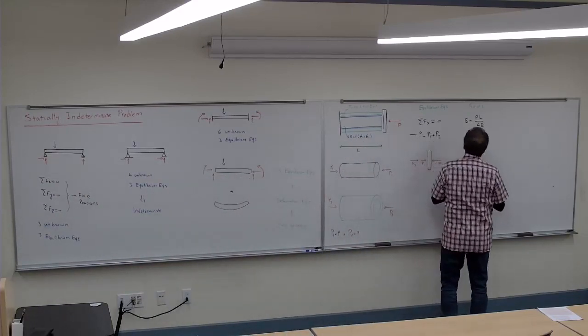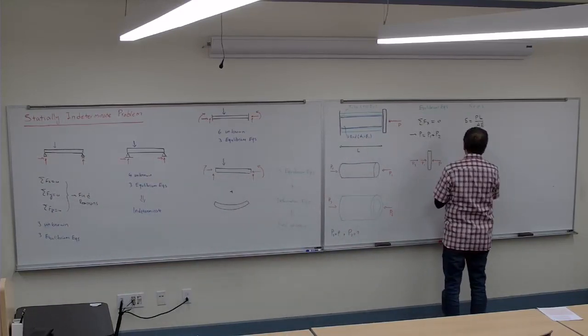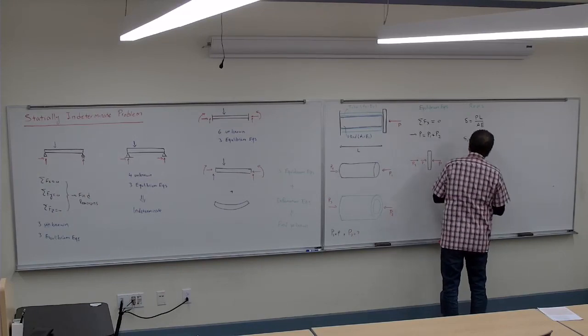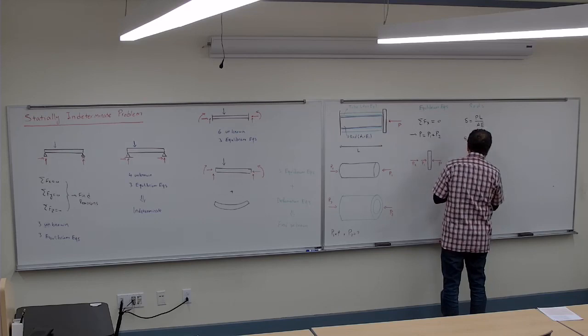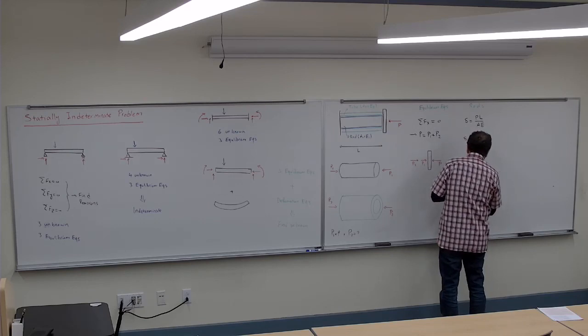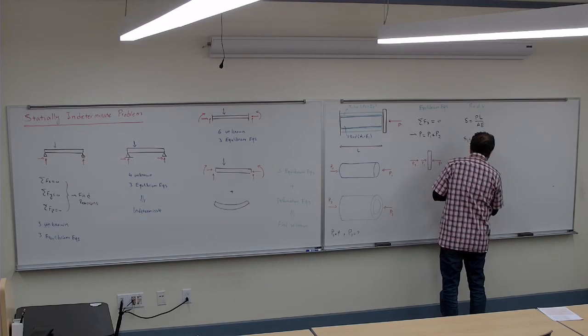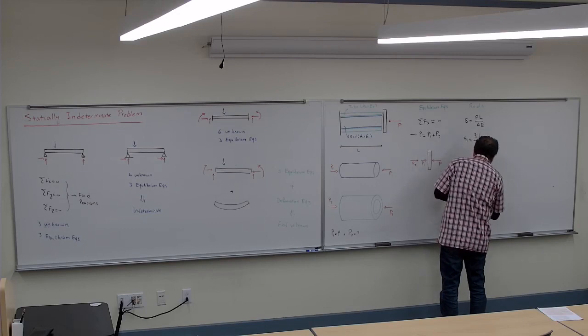For the tube, I can write the same thing, correct? Let me say for the tube again, delta is PL over AE. So the delta tube is P2 L over A2 E2.